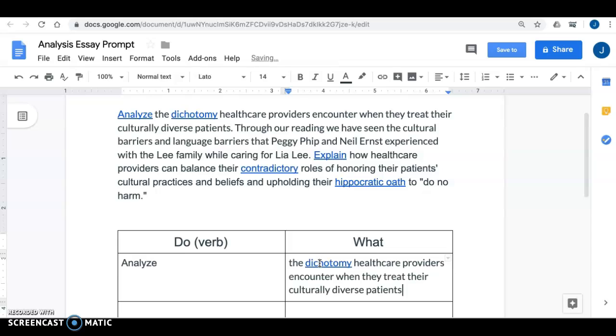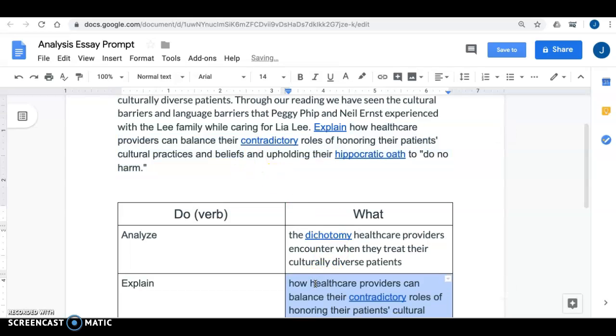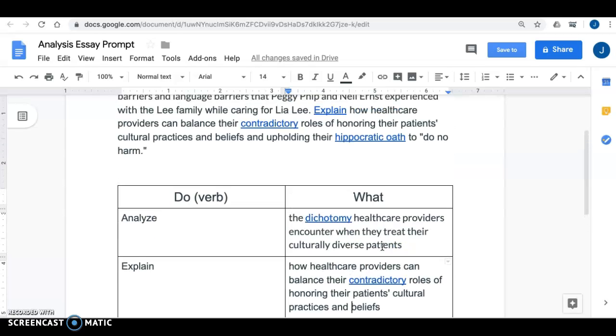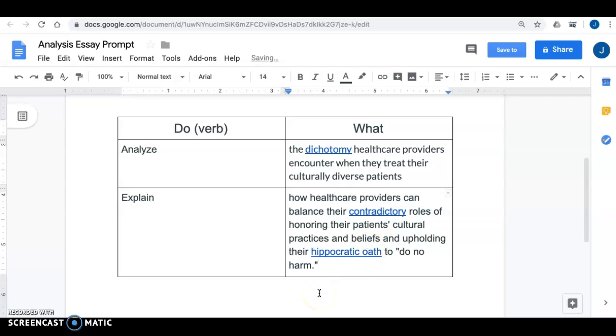Okay, so I need to analyze the dichotomy healthcare providers encounter when they treat their culturally diverse patients, and I need to explain how healthcare providers can balance their contradictory roles of honoring their patients' cultural practices and beliefs. Get all that? And upholding their Hippocratic oath to do no harm.